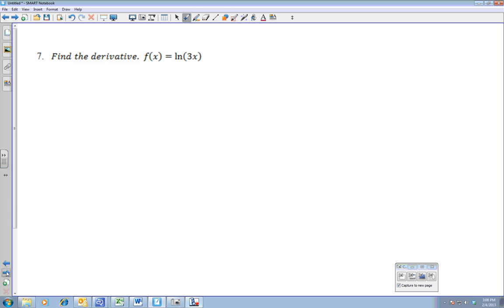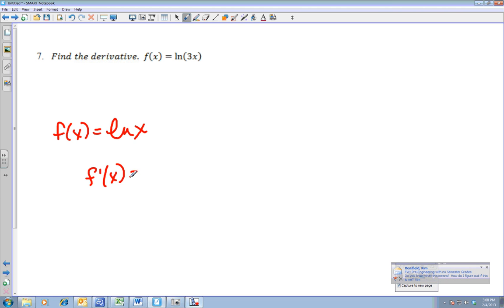This time I want to find the derivative. So I have f of x equals natural log of 3x. This whole time we've been doing antiderivatives. Now they're going to go back and tell you some derivatives that we hadn't learned yet. In your notes you should have written down that if I have natural log of x, the derivative is 1 over x, and then I always multiply times the derivative of x, but that's just 1.